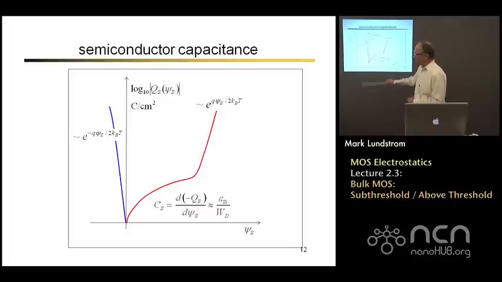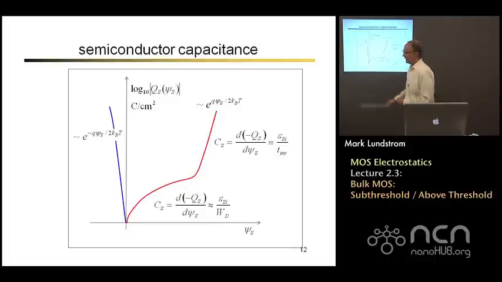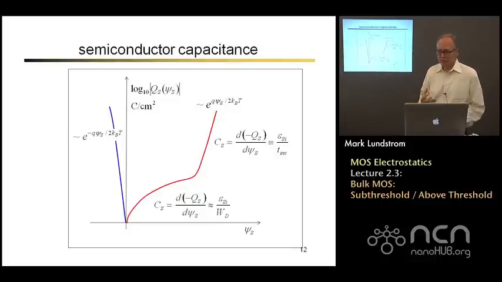If I take that derivative in the depletion region, that semiconductor capacitance just turns out to be epsilon divided by the width of the depletion region. So in depletion, the semiconductor capacitance is the capacitance of the depletion layer. But I could take that derivative in inversion also. In inversion, the charge increases exponentially with surface potential, so that derivative is going to be much bigger.